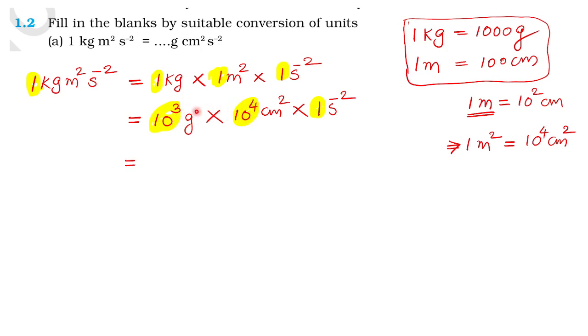The powers should be added, so 10 raised to 7. The units after that are gram centimeter square s raised to minus 2. So it was a fill-in-the-blanks question, and the number should be 10 raised to 7. Okay.